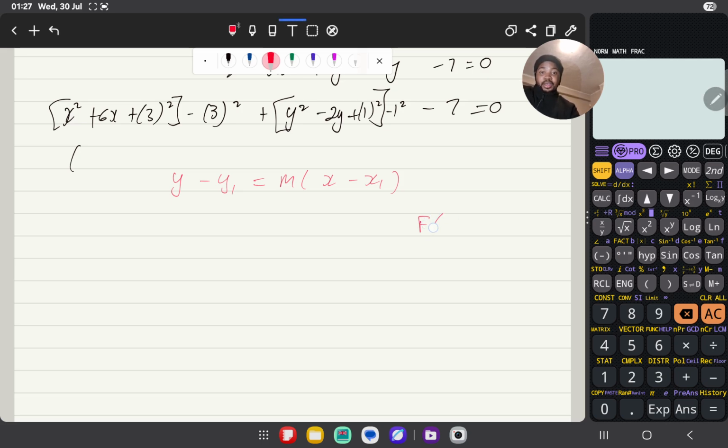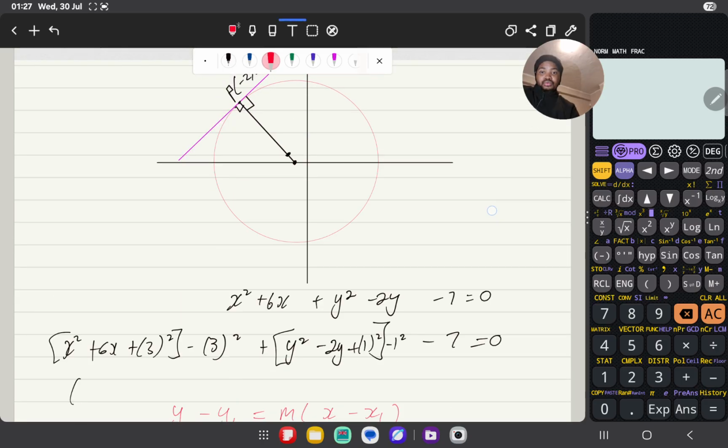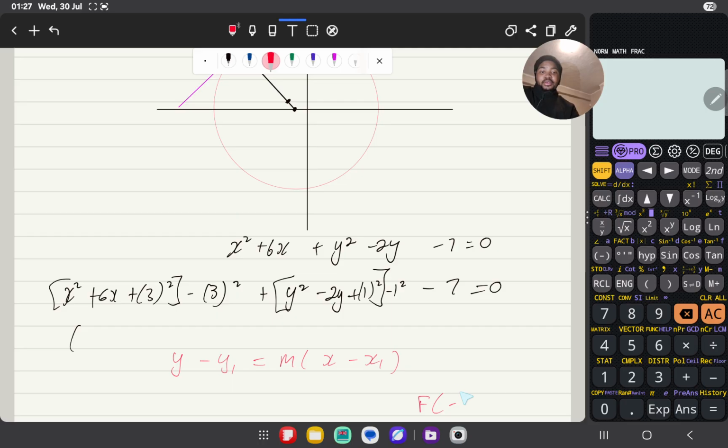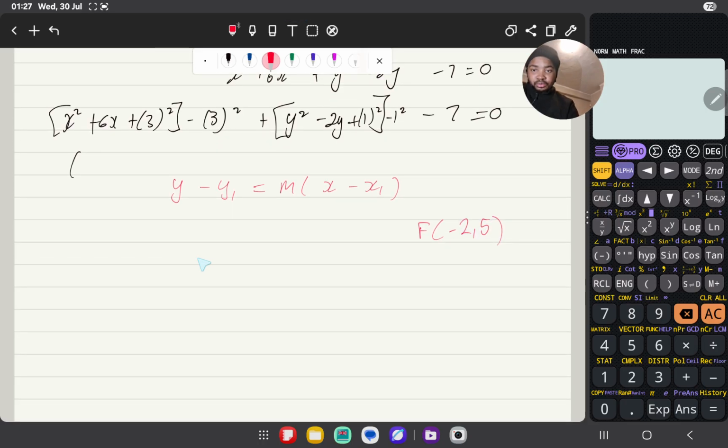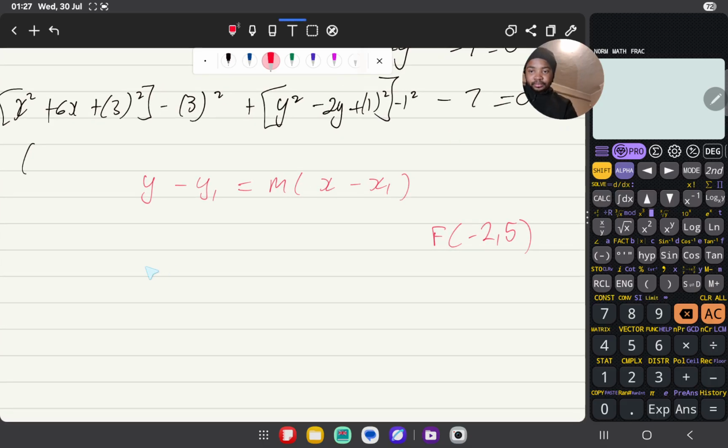From now, what happens? Remember, you have point F, which is minus 2 and 5. So we substitute everything. y minus 5, so that is okay. We have a 5, so y minus 5 equals the gradient, which is minus 1 over 4 into x plus 2.